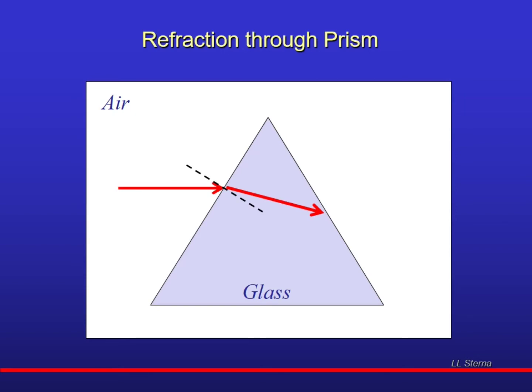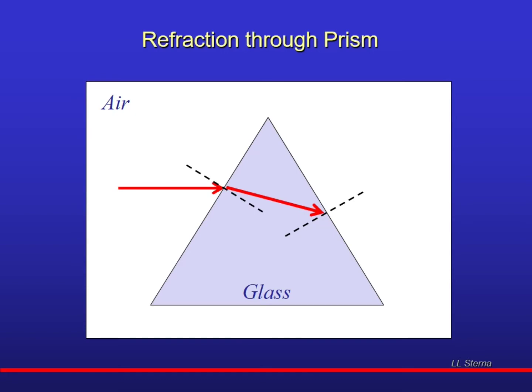But now, as it makes it to the other side of the prism, it's going to cross from glass to air. It's going to speed up. Once again, let's draw the normal. Again, turn your head to the side. Look at that dashed line. That line is perpendicular to the side of the prism.